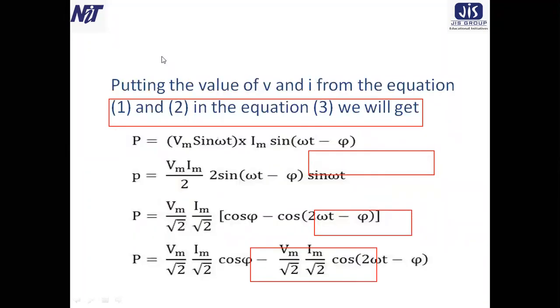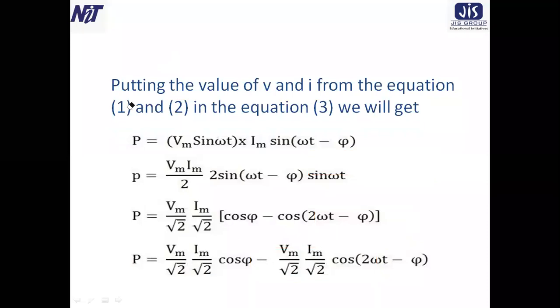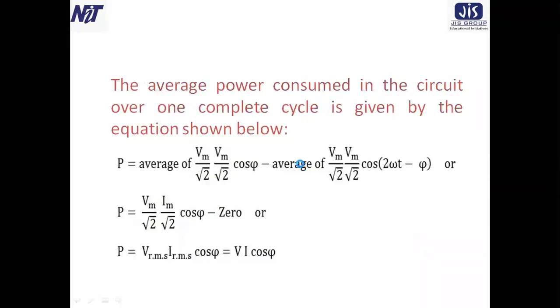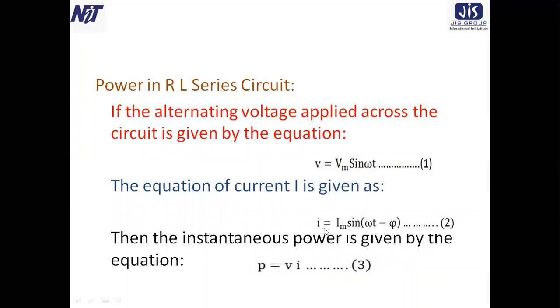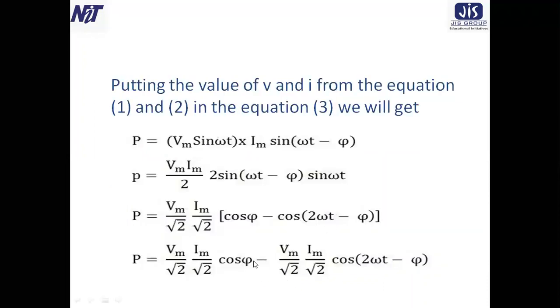Now, putting the values of V and I from equations 1 and 2 in equation 3, P equals vi, we have to put the values of V and I in equation 3. Then we'll find Vm sin omega t into Im sin omega t minus phi, then Vm Im by 2.